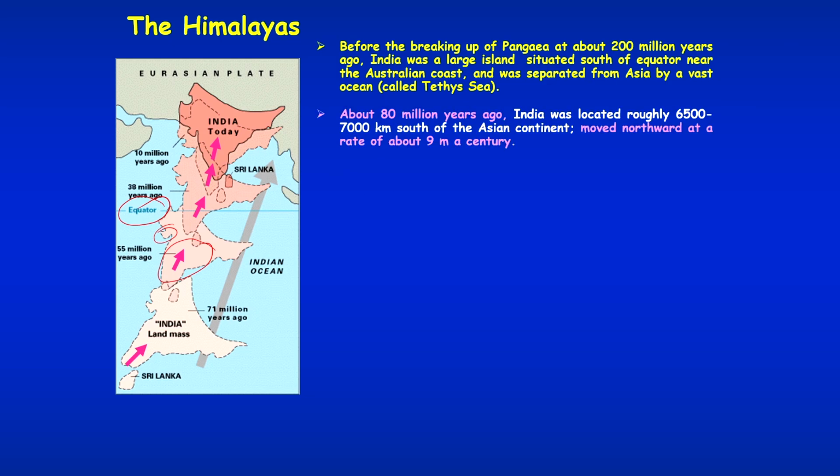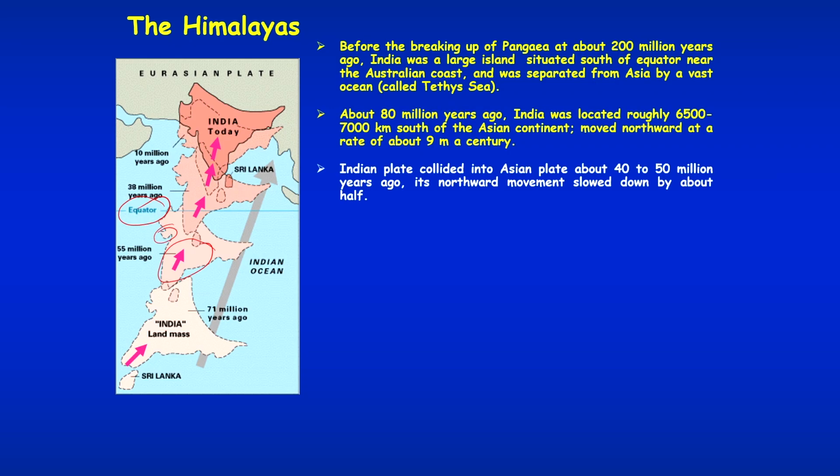So what was deciphered from the rocks and all that is that about 80 million years ago, India was located almost 6,500 to 7,000 kilometers south of the Asian continent. It moved northward at a rate of 9 meters a century. Okay. So that is almost in 100 years.